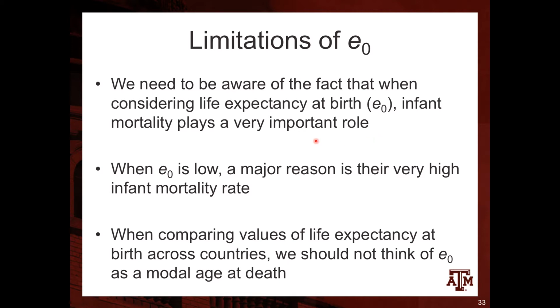So when life expectancy at birth is low, a major reason might be that we have in that specific country a very high infant mortality rate. When comparing values of life expectancy at birth across countries, we should not think of life expectancy at birth as a model age at death.